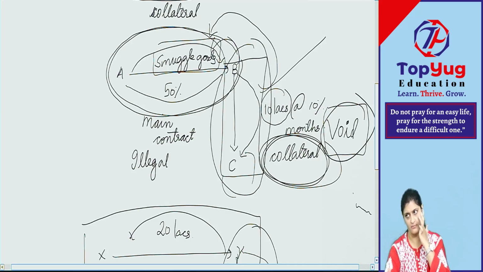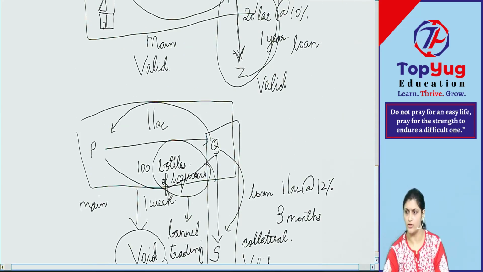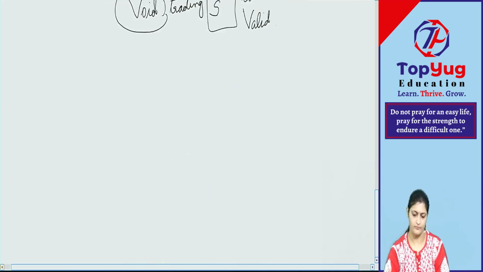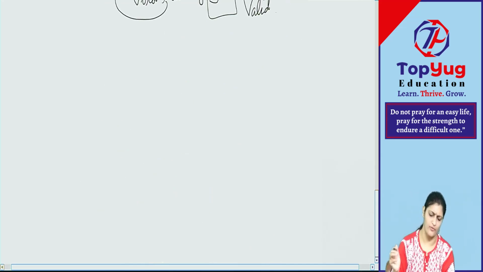Done with this? Do you want to write all these things also, or are you done? Everybody? Okay. I'll just give you one more example for illegal contracts.